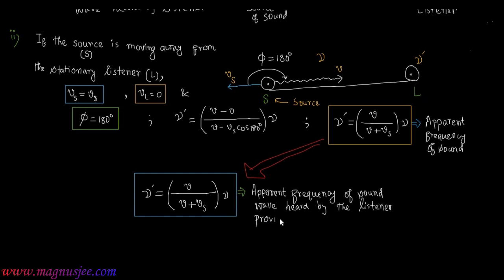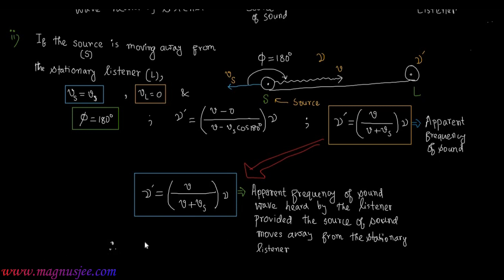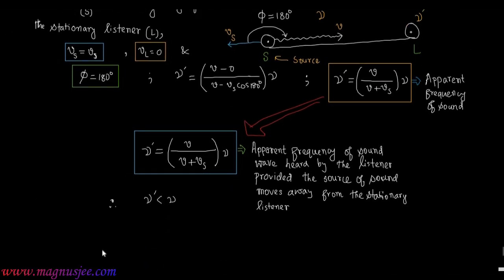provided the source of sound is moving away from the stationary listener. Here the listener is at rest and the source is moving away from the listener. In this case nu prime is less than nu. That means the apparent frequency is less than the actual frequency.